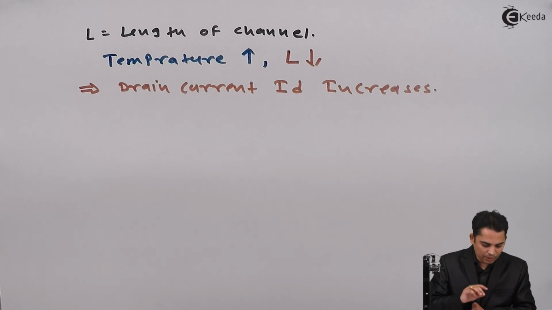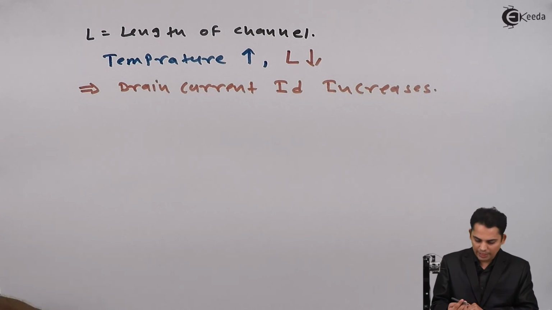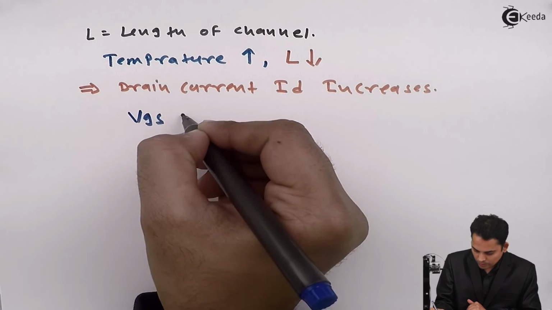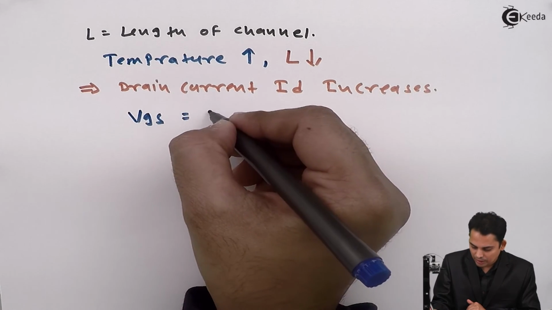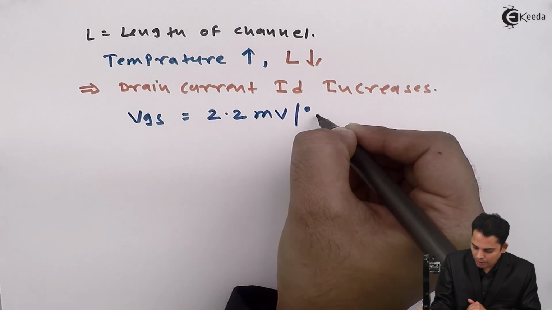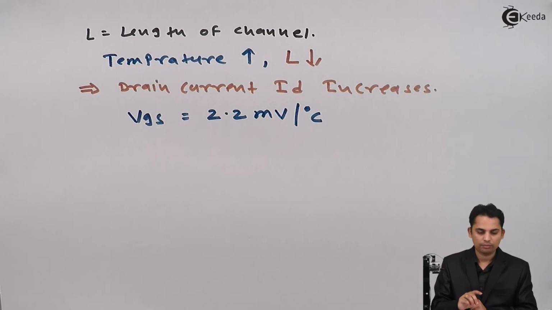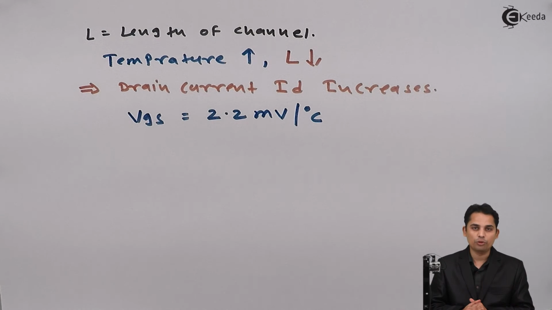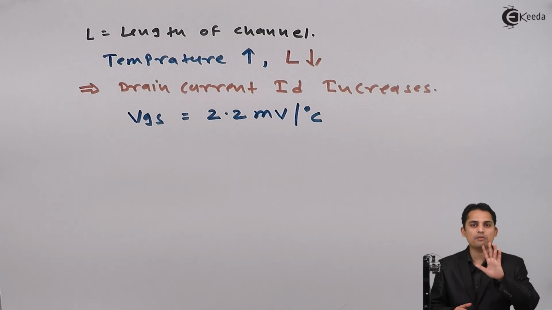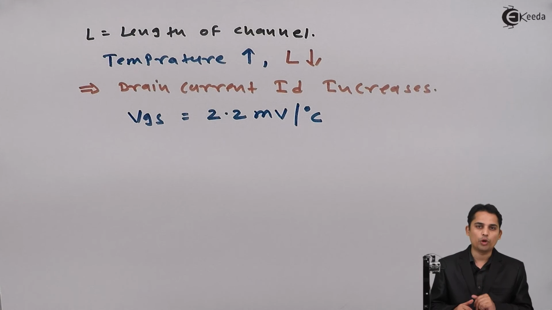And this amount can be written as VGS changing by 2.2 millivolts per degree Celsius. Now we are confused, because drain current is increasing with temperature for a certain point, whereas it is decreasing with temperature for another point. Then how to bias JFET?